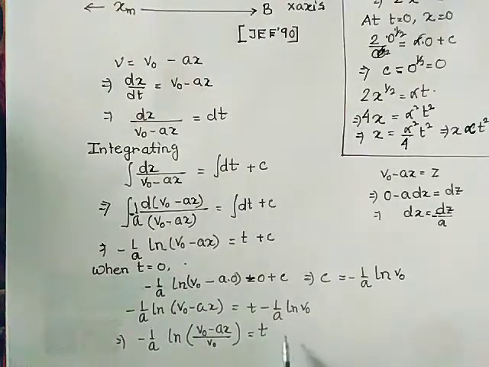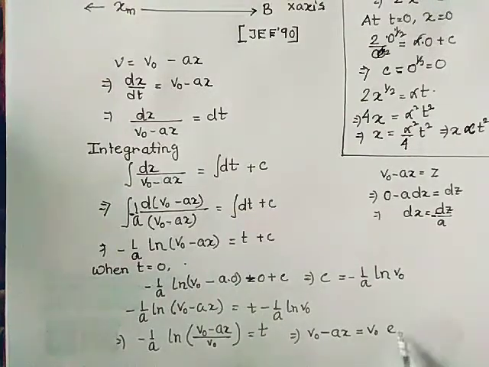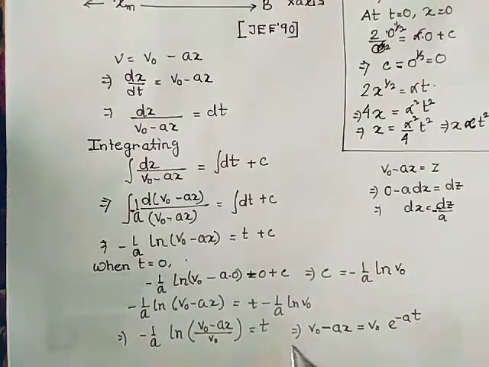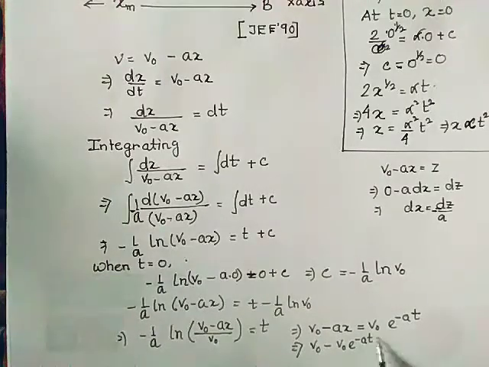So I can write this as v naught minus ax equal to v naught into e to the power of minus at. If I want to find the value of x from here, then v naught minus v naught e to the power of minus at equals ax.